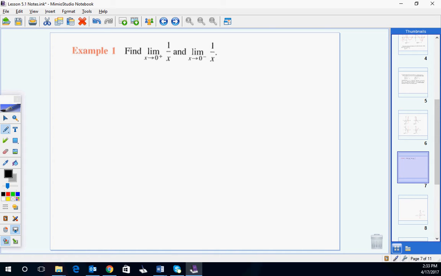So 0 from the right means 0.1, 0.01. But we know that 1 over 1/10, 1 over 100th is going to be a whole number. So this one, we know the limit as x goes to 0 from the right of 1 over x equals infinity.